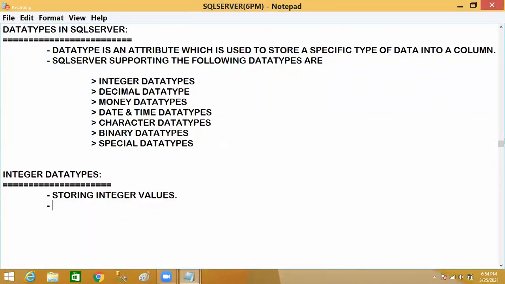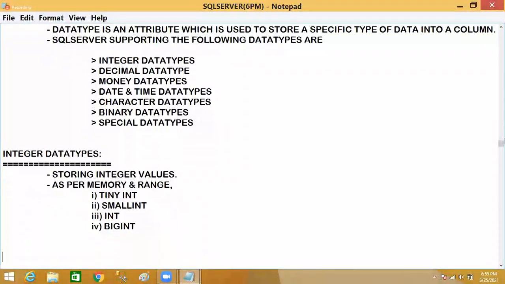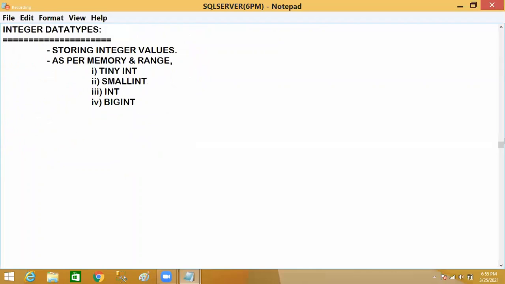But these integer data types, as per occupied memory and range, are again classified into four types.